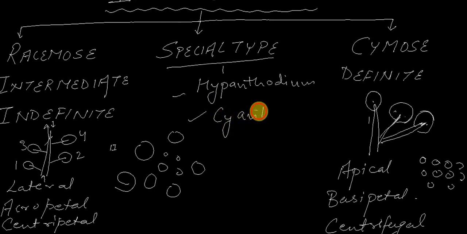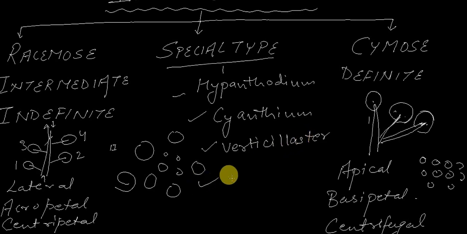This is just a summary and I am giving you the classification. So hypanthodium, another one is cyathium, another one is verticillaster, and the last one is syconus. Yes, so this is about the inflorescence.